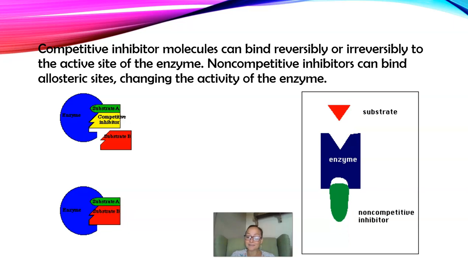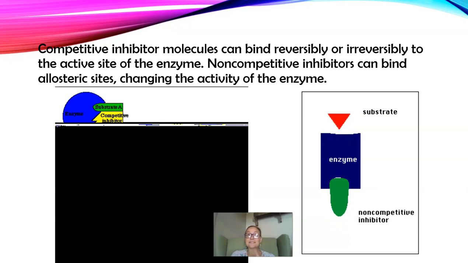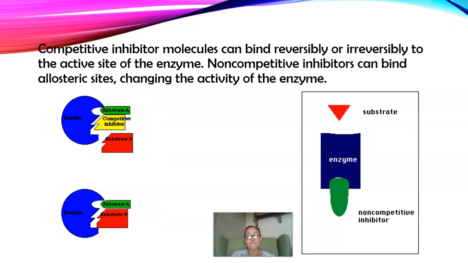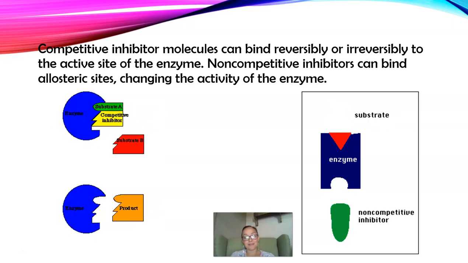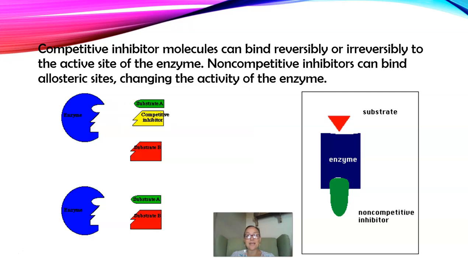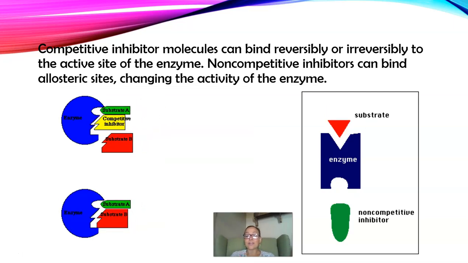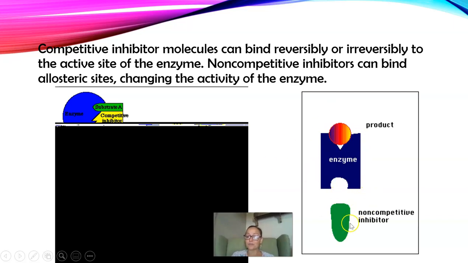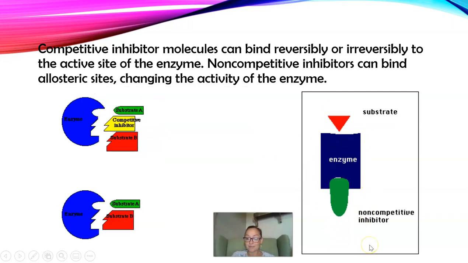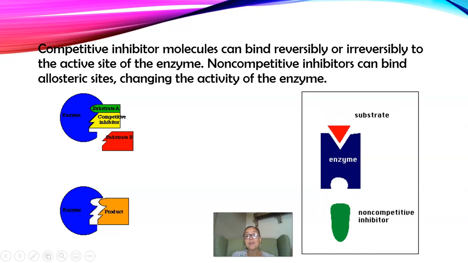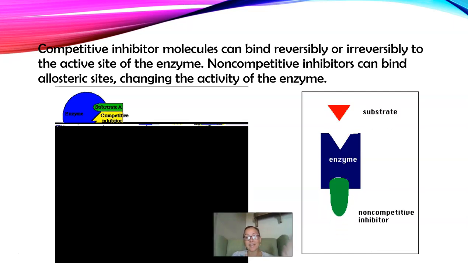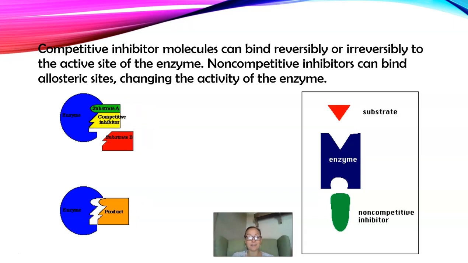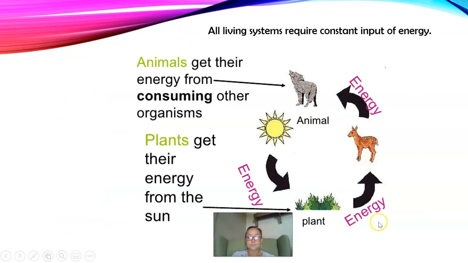A competitive inhibitor is competing with the substrate for the active site, whereas a non-competitive inhibitor is going to attach allosterically, to an area that is not the active site. As you can see here in the green, when a non-competitive inhibitor attaches to the enzyme, it changes the shape of the enzyme so the substrate can no longer fit and there's no longer a reaction occurring.